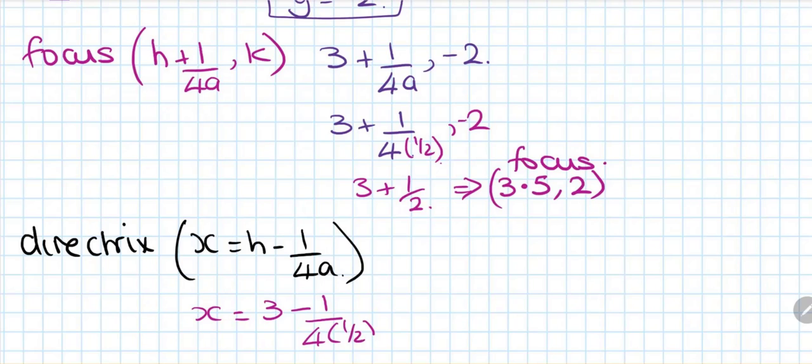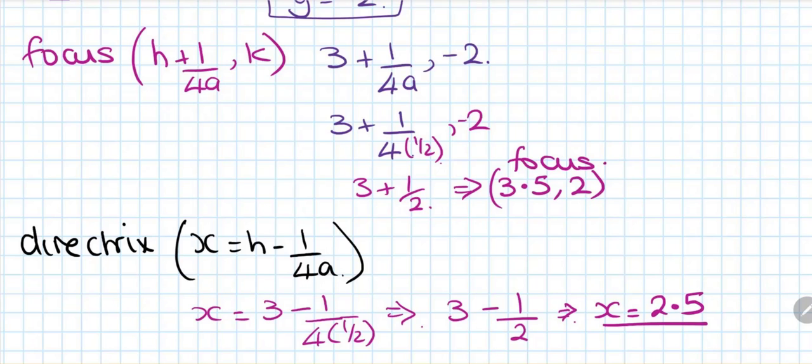A is a half. So we've got 3 minus 1 over 4 times a half is 2. So 3 minus a half, and so x is equal to 2.5.